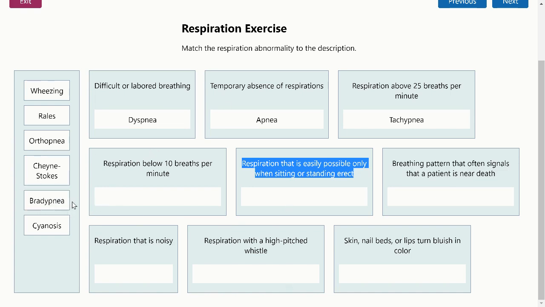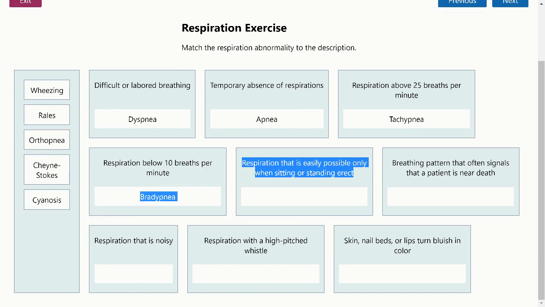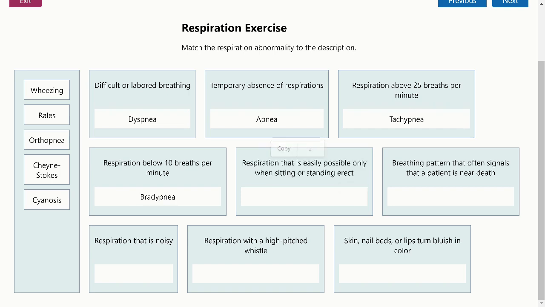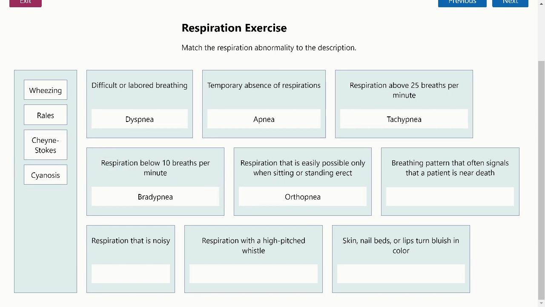Bradypnea. Respiration is easily possible only when sitting or standing. Orthopnea. Breathing pattern that often signals that a patient is near death. Cheyne-Stokes, right?